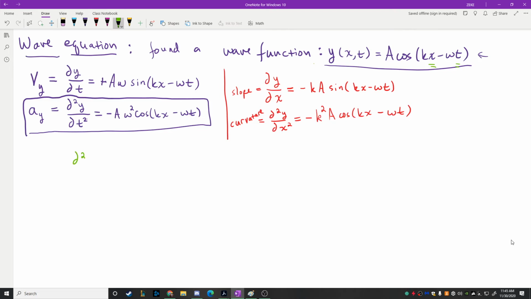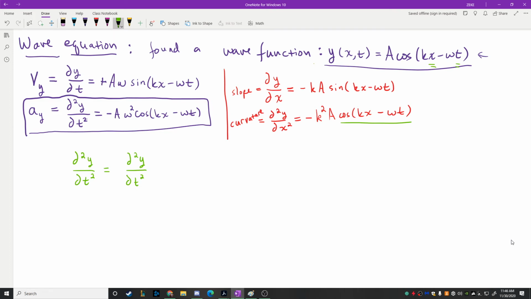The second derivative of our wave function with respect to time looks almost exactly equal to this one. They both have the same features: they have a cosine, they have a negative sign. So they look exactly the same, except that one of them has omega squared in front of it, and one of them has k squared in front of it.